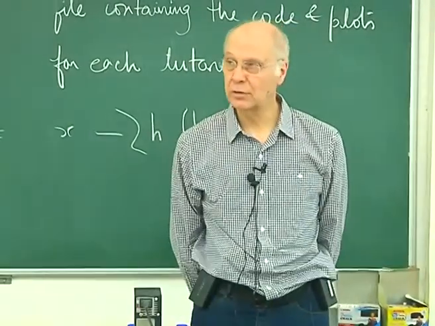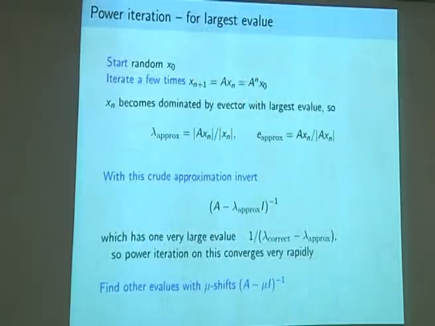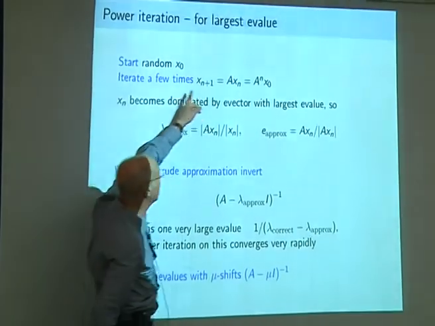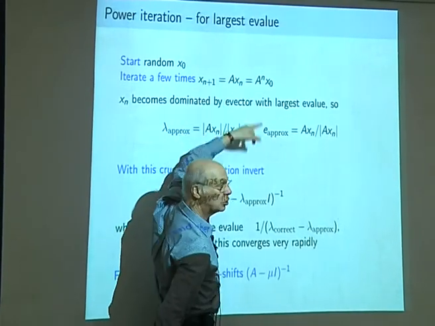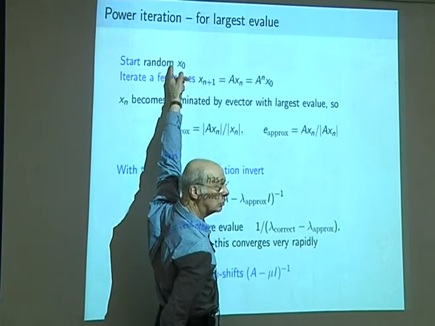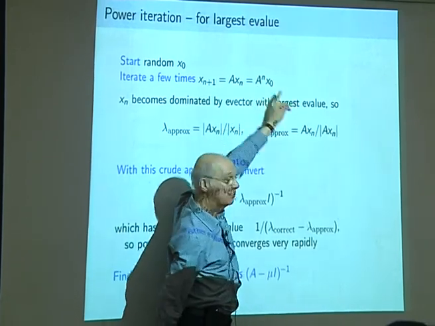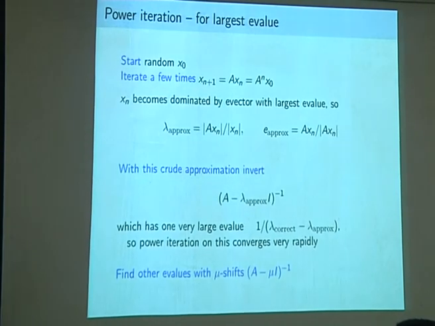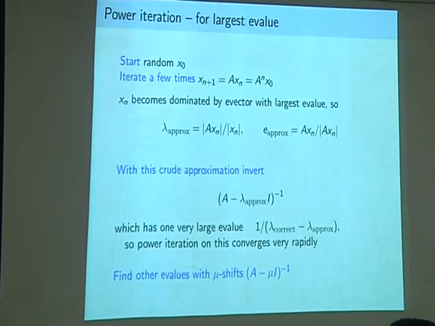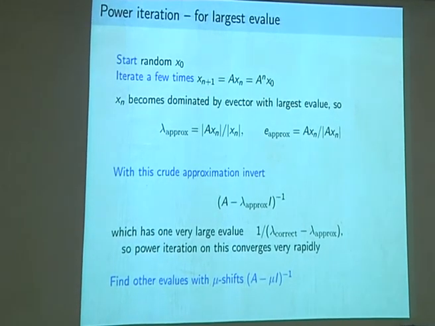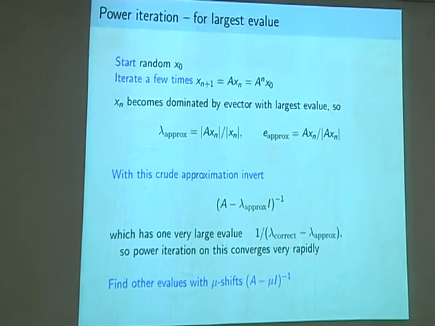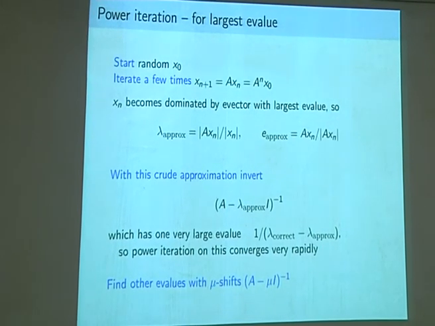There's a lovely little trick called the power method, and it will get you the biggest eigenvalue quickly. So what you do is you take A times x, and then another A times, and then you keep going. You just apply A several times to a random x naught, so you get A^n times x naught. And what happens is the largest eigenvalue wins. If you apply A several times, you get the largest eigenvalue to the power n times the component you had in the direction of the largest eigenvector.